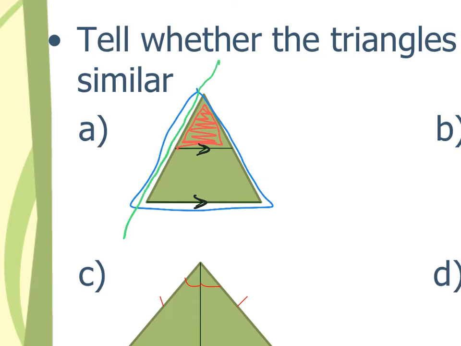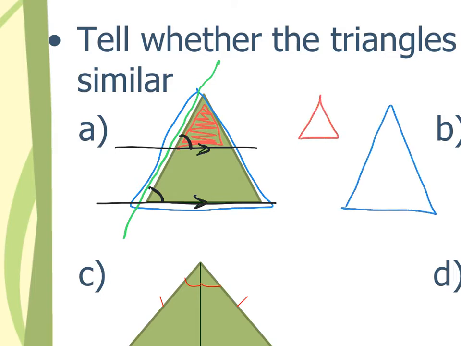Anybody see any angle pairs that might be congruent and what they're called? Anybody recall this one and this one, what they're called when I have corresponding angles? So I could show that I've got the small red one and then the larger blue one, and I can show that this angle and this angle are congruent.